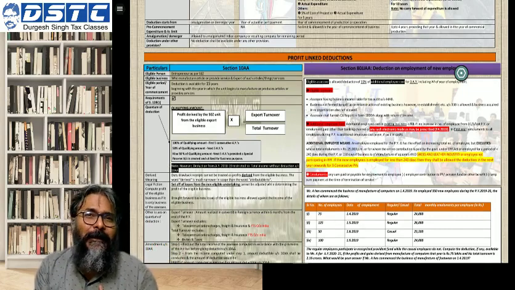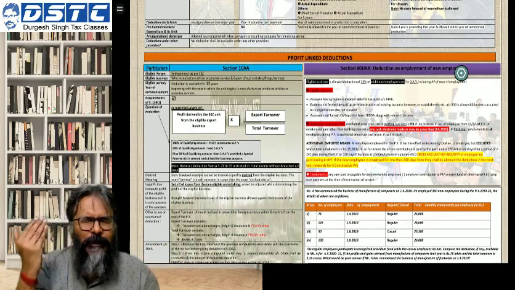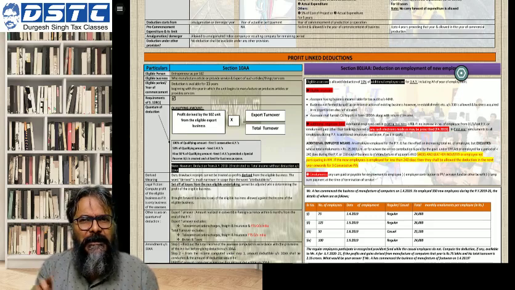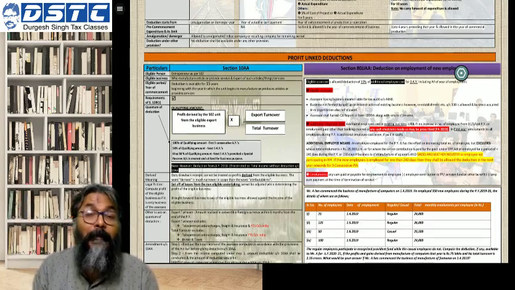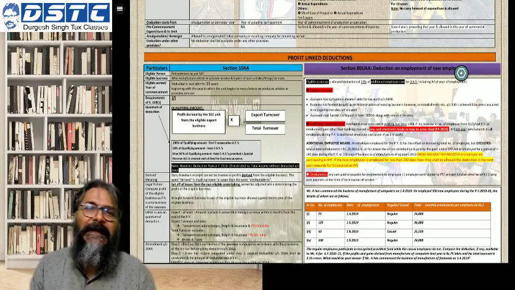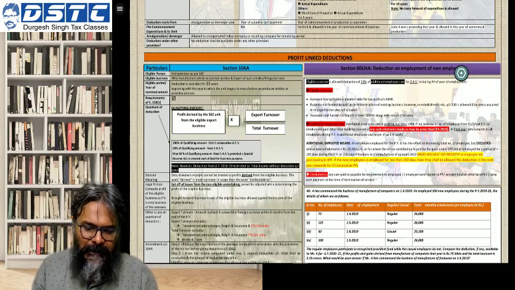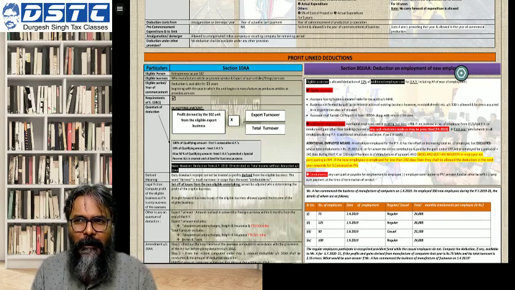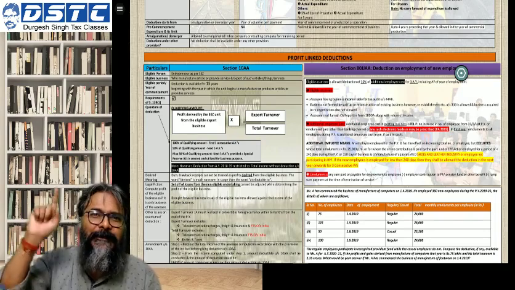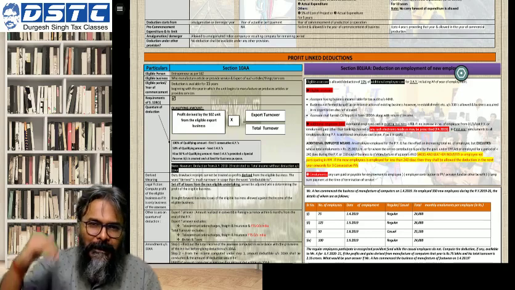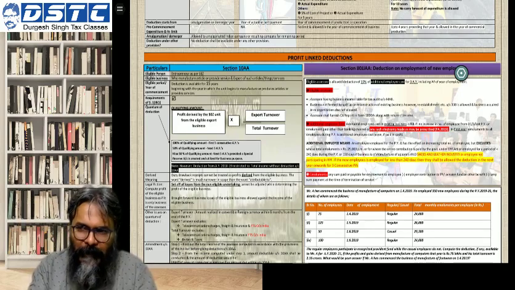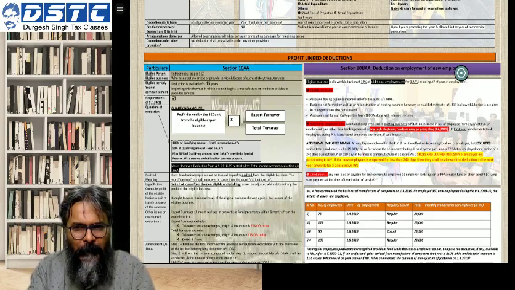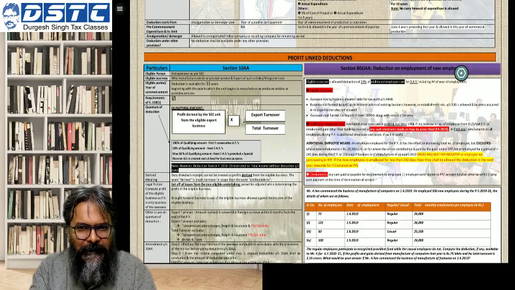Now students, this SEZ unit, as the name suggests, special economic zone, is mainly meant for doing exports. The entire thrust of the government is to promote the export of goods and services through the SEZ unit, so as to boost our foreign currency reserves. We use the SEZ as a medium for undertaking the exports of our goods as well as services, so that the reserves can be boosted.